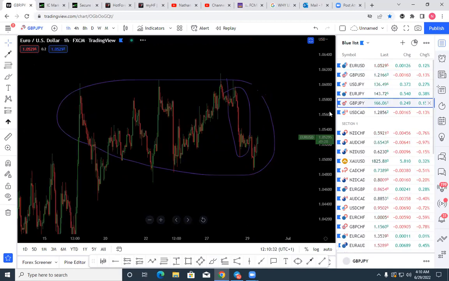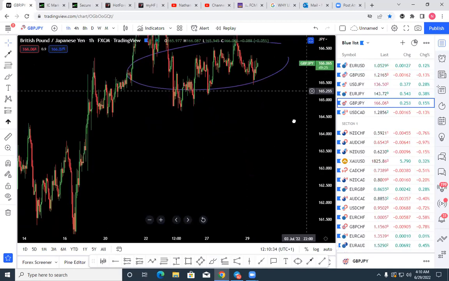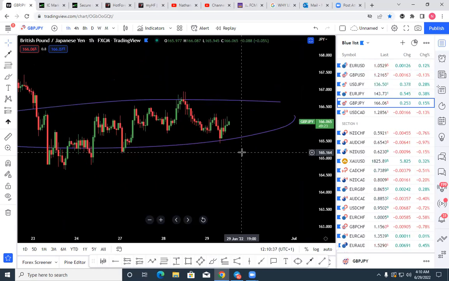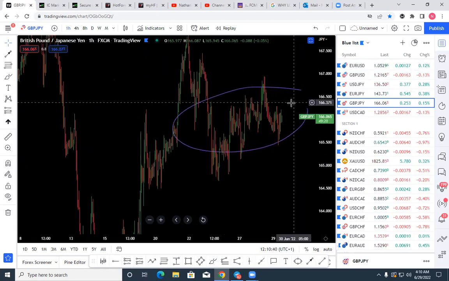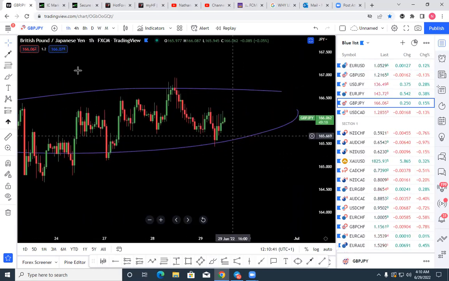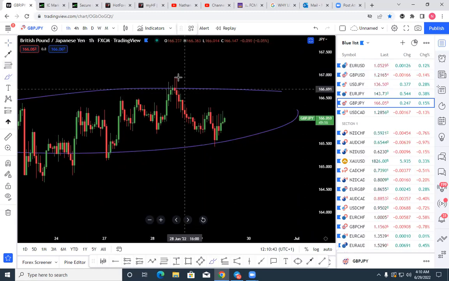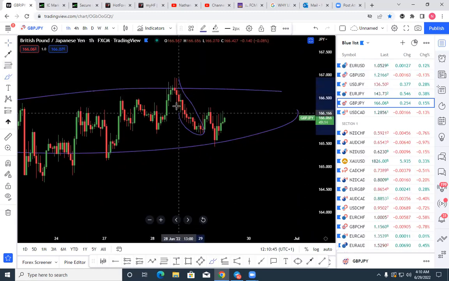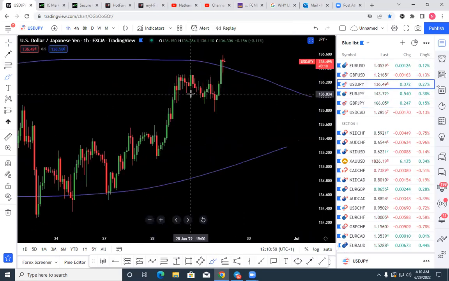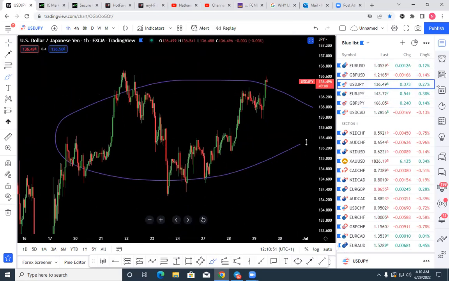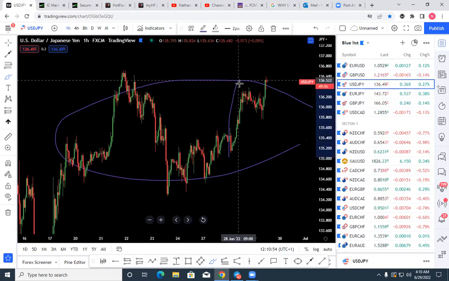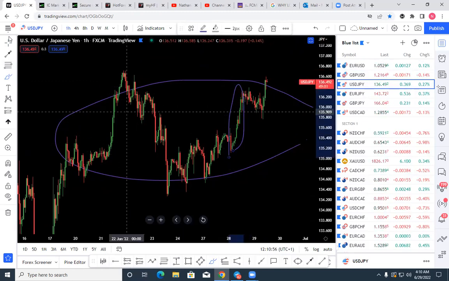Then let's look at GBP JPY. You see, GBP this week has been consolidating, but when that move was happening on DXY, you were having this move on GBP JPY. Let's see another pair. When that move was happening on DXY, you have this move on USD JPY.